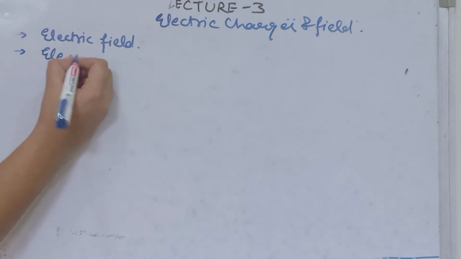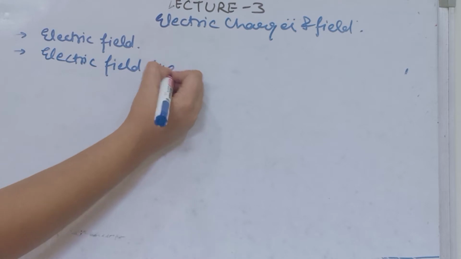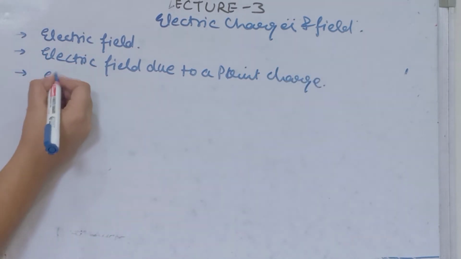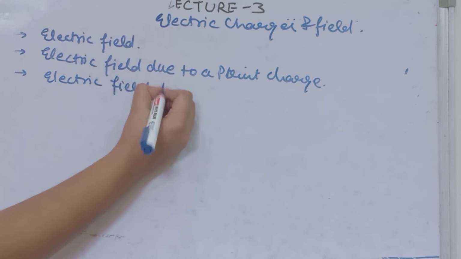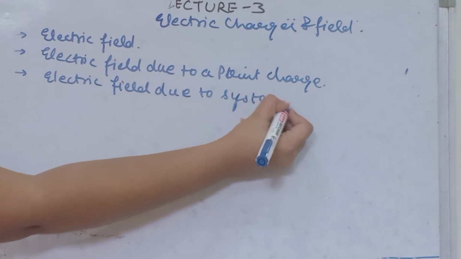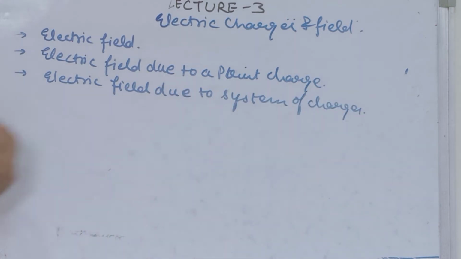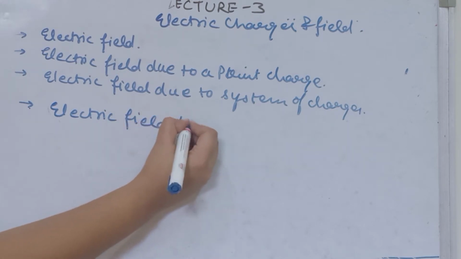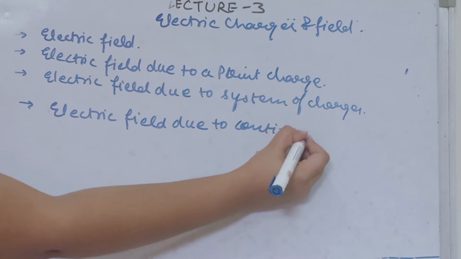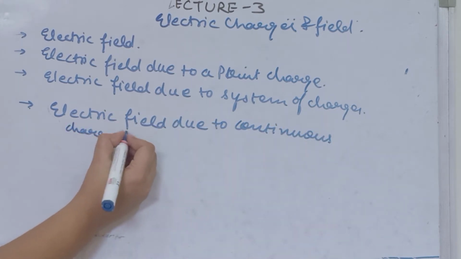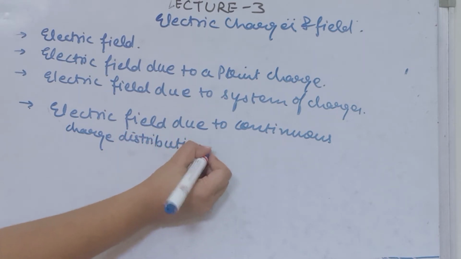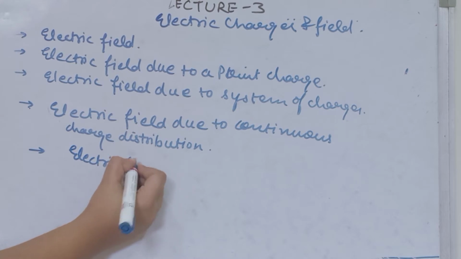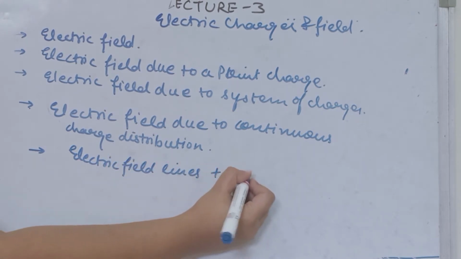Number 2, electric field due to a point charge, then electric field due to system of charges, then electric field due to continuous charge distribution, finally we'll be doing electric field lines plus their properties.